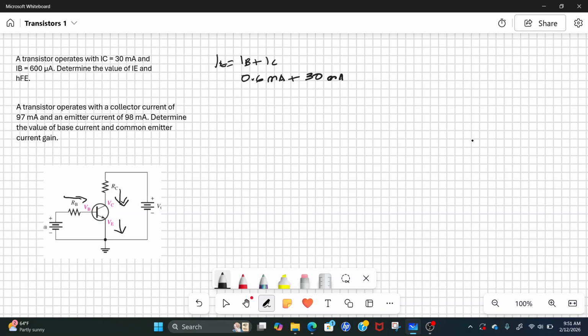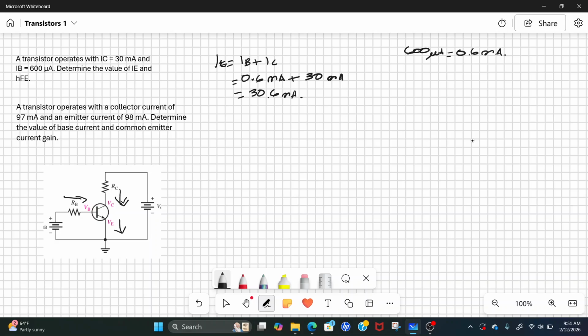What I did, I converted this base current from microamps to milliamps. So 600 microamps is equal to 0.6 milliamps, right? I just moved the comma 3 places to the left. So this is equal to 30.6 milliamps, right? So that is the current flowing through the emitter.